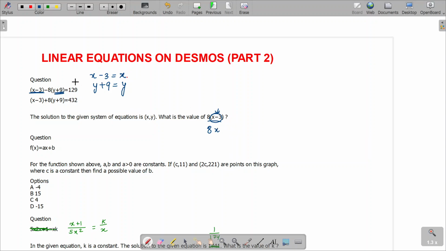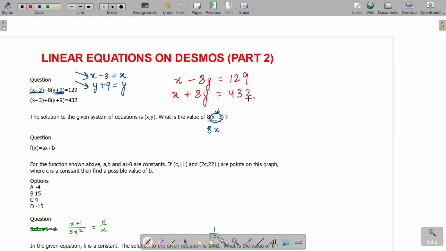So I'm replacing x minus 3 with x and y plus 9 with y. My new equations would be x minus 8y equals 129, and x plus 8y equals 432.